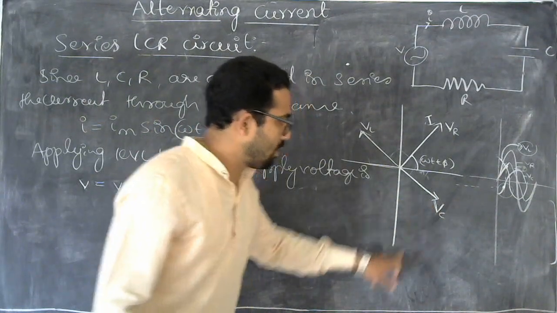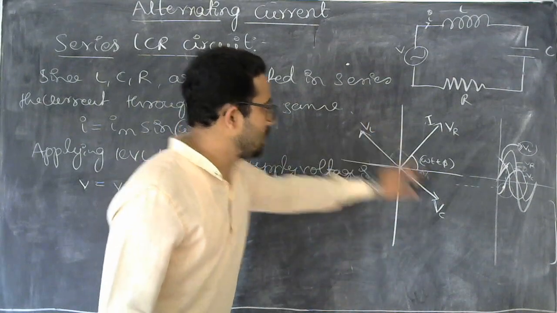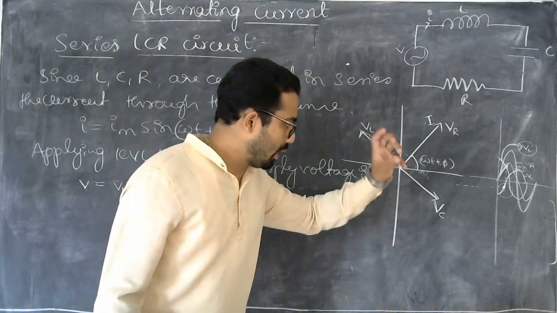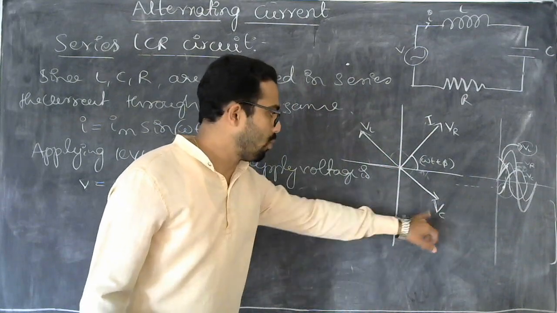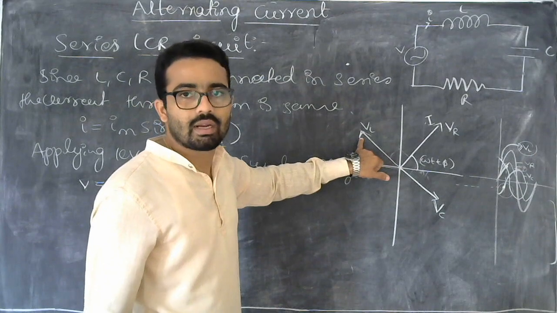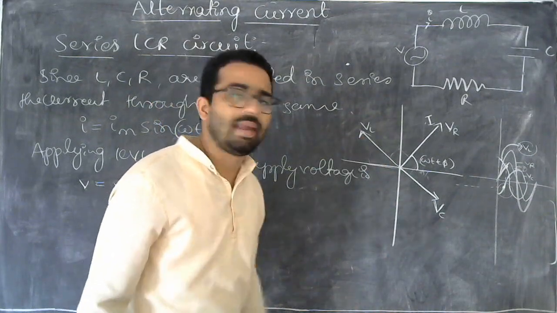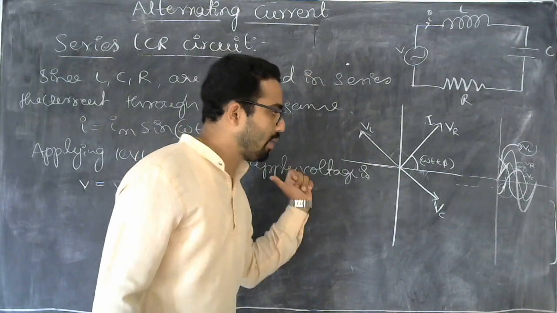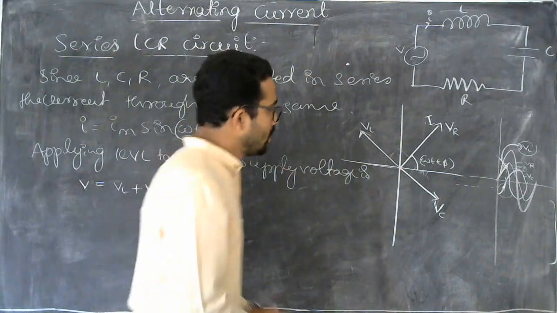This is what we understood here. These are anti-parallel to each other. One condition we have taken is that the voltage across the capacitor is greater than the voltage across the inductor. Why VC will be greater, I will explain while discussing this concept.